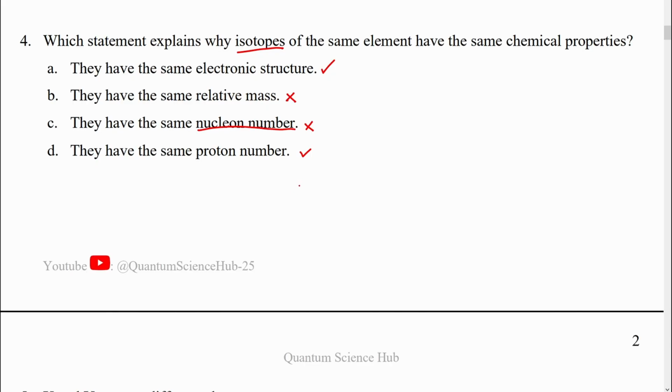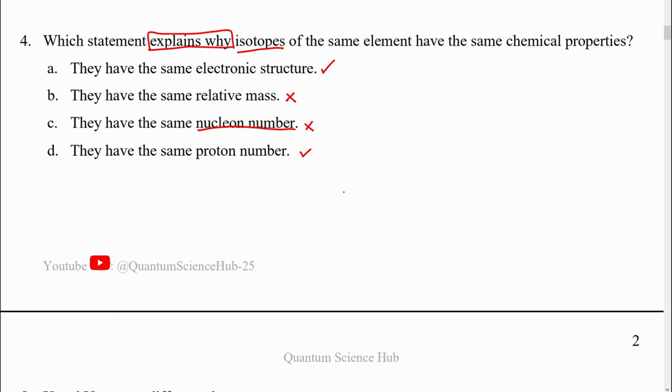The key phrase in the question is "which statement explains", so explain why isotopes of the same element have the same chemical properties. Even though the same proton number causes the same electronic structure, the direct explanation for the same chemical properties is that they have the same electronic structure. They have the same proton number, so this is true, but this is the cause of the same electronic structure. And option A states that they have the same electronic structure.